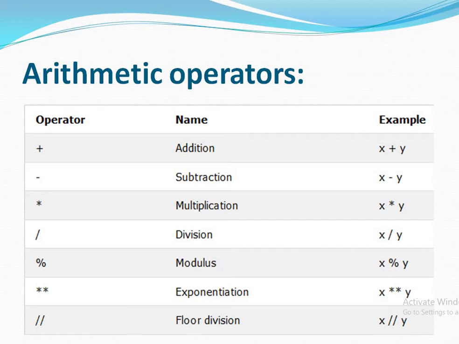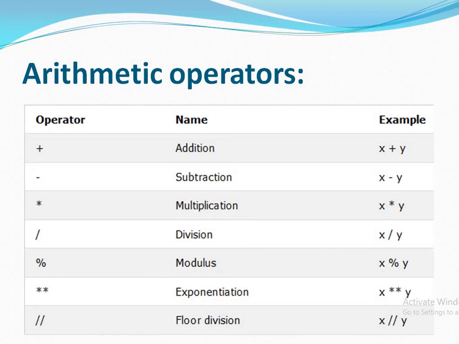Now next is float division, which is double slash. What does float division mean? It means it returns only the integer value. Let's take an example. Say I want to divide 5 by 2. If I use a single slash, I get the result 2.5. If you use double slash, you will get the result 2. The 0.5, the part after the decimal, the double slash will not consider.